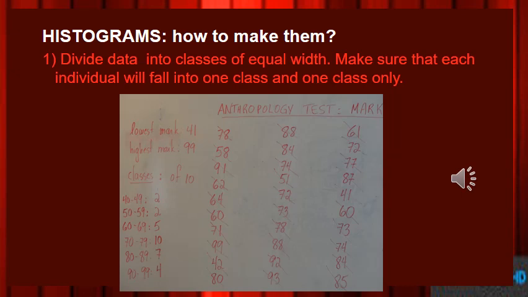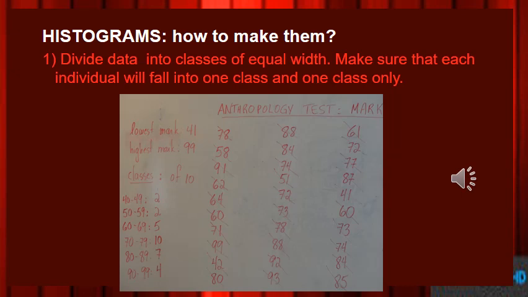So my first class will be students that have between 40 and 49, then those who have between 50 and 59, 60 and 69, and so forth. So you see on the left that I have 6 classes. I will have 6 bars in my histogram. The first one on the left will represent students having between 40 and 49, and so on.